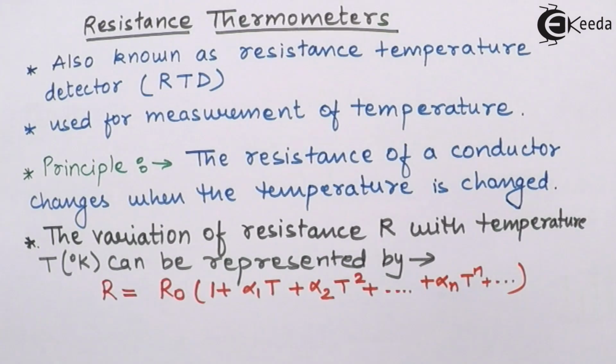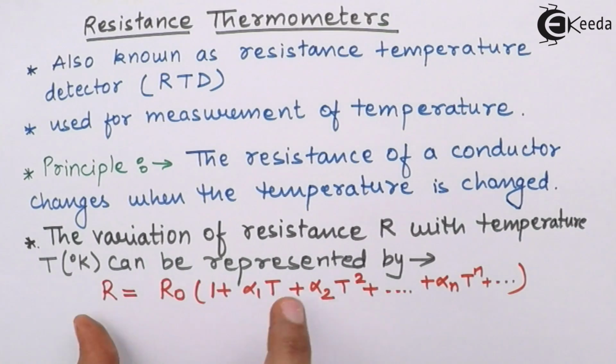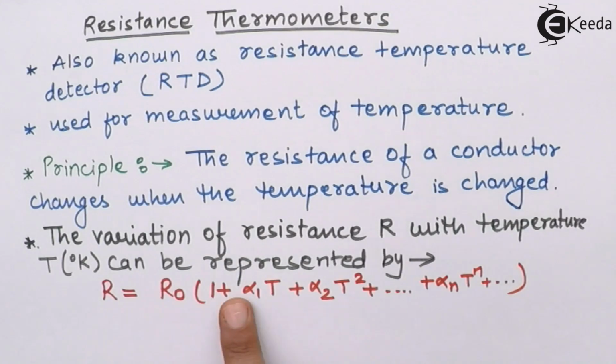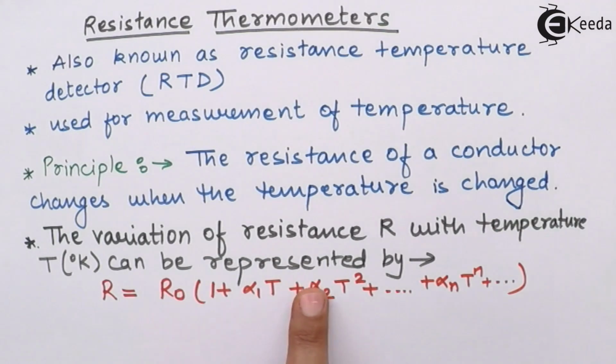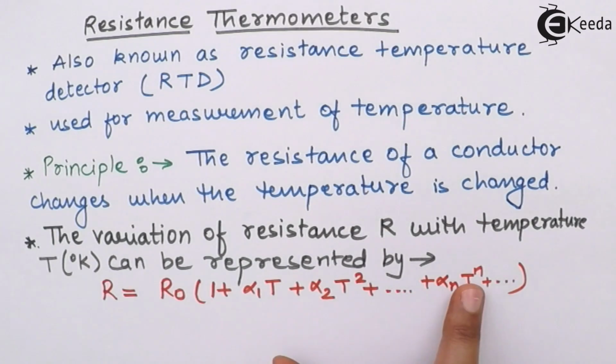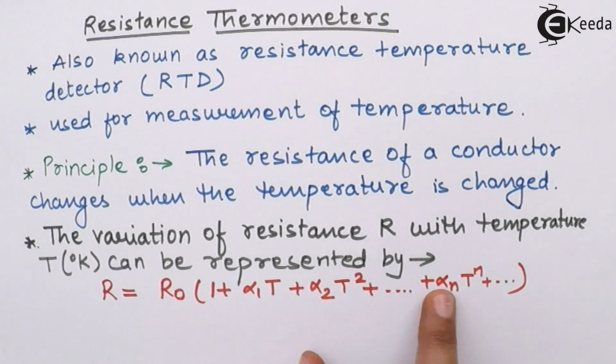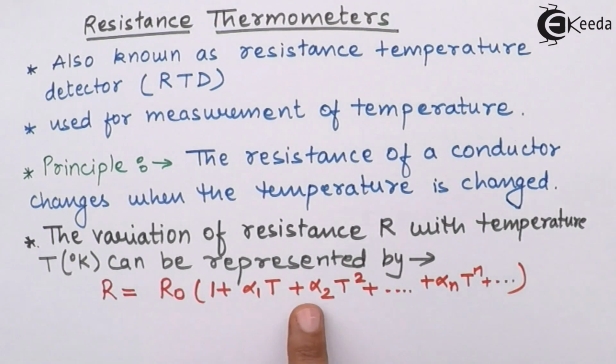The variation in the resistance with temperature, where temperature is in standard units, that is kelvins, can be represented by the following relationship: R equals R naught times (1 plus alpha 1 T plus alpha 2 T square plus alpha 3 T cube plus alpha 4 T raised to the power 4 plus alpha 5 T raised to the power 5), and so on until alpha n T raised to n.